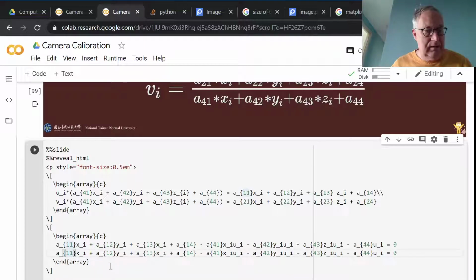And then here I get 2 1, 2 2, 2 3, 2 4, and this one is unchanged, except this will be the VI's now.